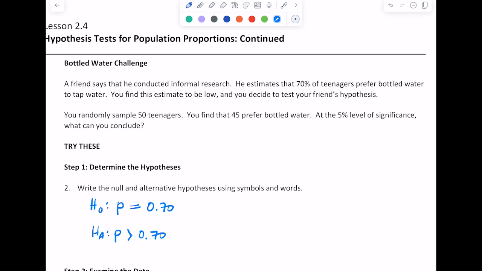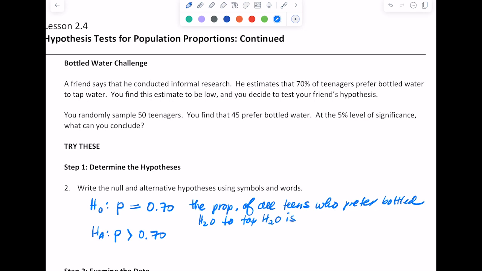So in words, my null is the proportion of all teens who prefer bottled water to tap is 0.70.